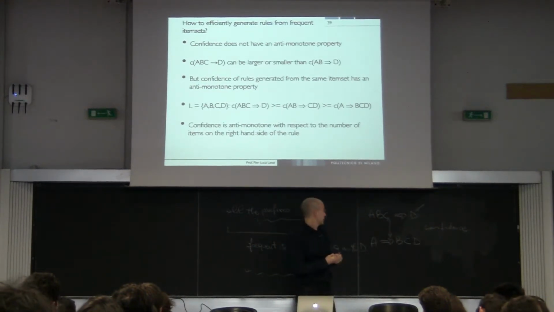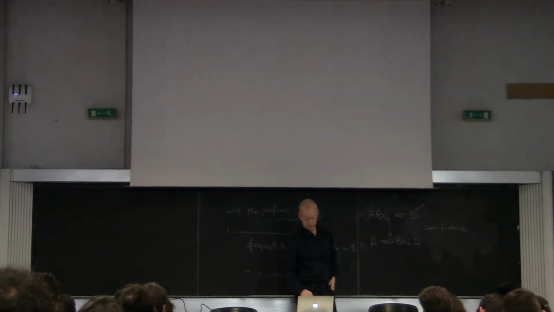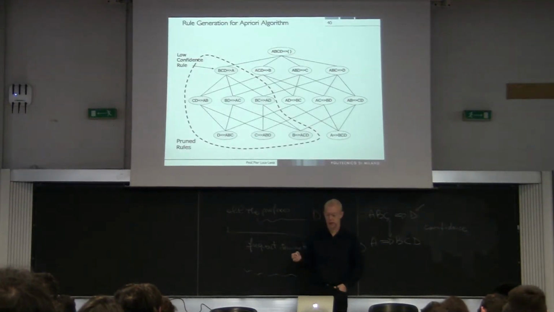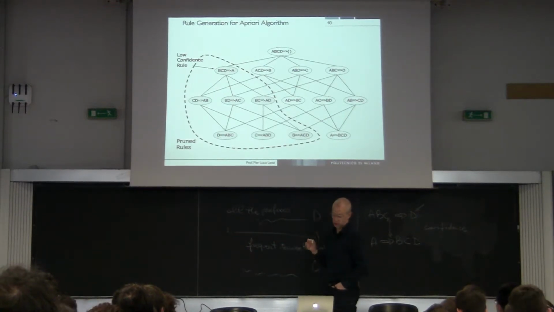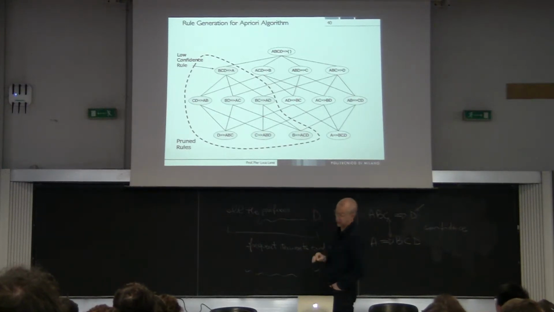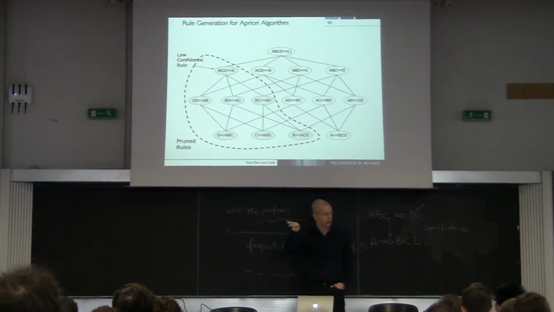So it's a very similar property that allows us to prune the space of rules. I start with the top rule that is not really interesting, but I take one item set and consider the rules generated by just having one item on the tail.